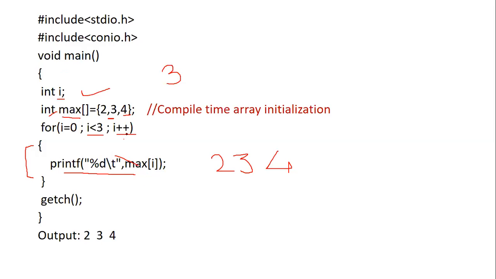Next time when the value of I gets incremented, it will become 3, and our testing condition becomes false because 3 is not less than 3. So this condition becomes false, and we come out of that loop. And finally we end the program using the getch function. So our result will stop here: 2, 3, and 4.